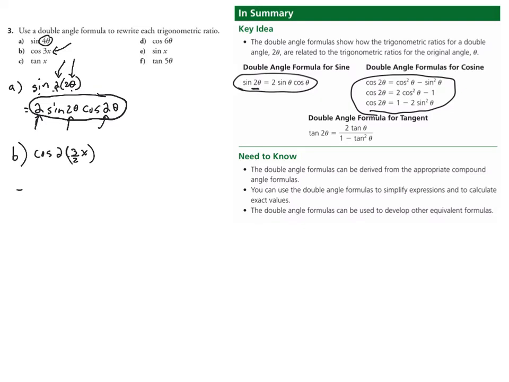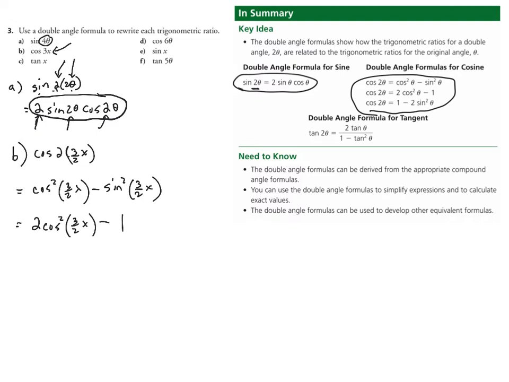And that's going to be equal to cos squared of 3 over 2x minus sine squared of 3 over 2x. Now I could have written 2 times cos squared 3 over 2x, minus 1.